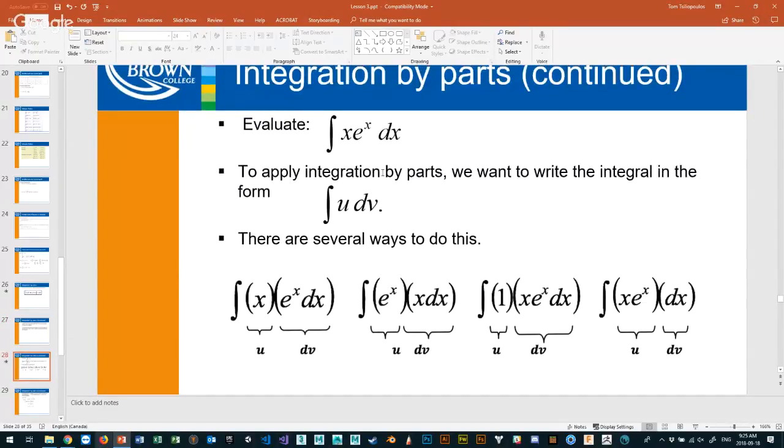So here's an example. I have this antiderivative of x times e to the x. If we see that u is x, this is almost like taking the anti-product rule. So imagine I had the product rule, and I got some derivative from it. And now I want to find the antiderivative of a product rule.